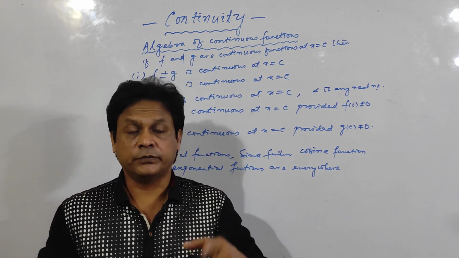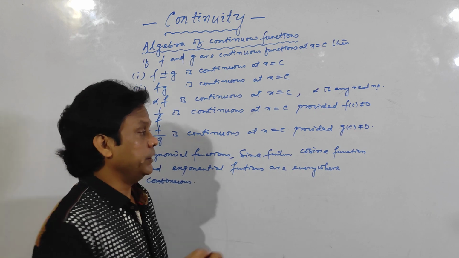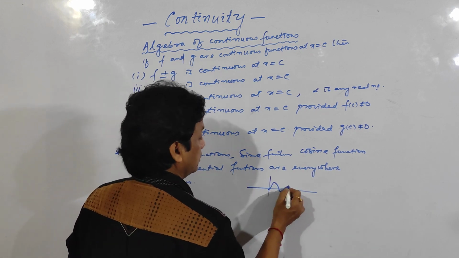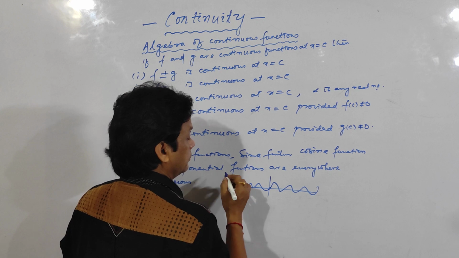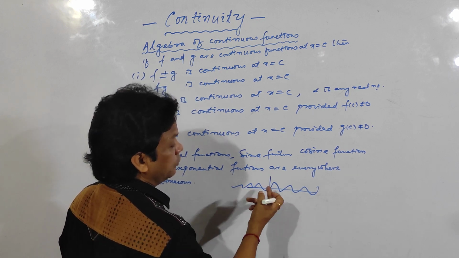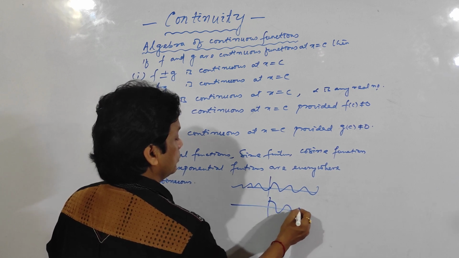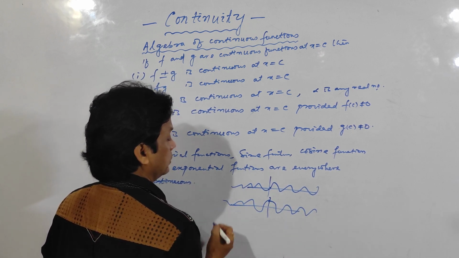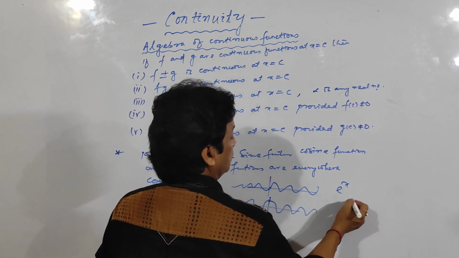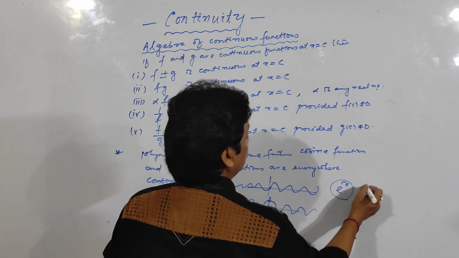There is no point of undefined in the case of sine, because the graph of sine is like this, and it is continuous. There is no point of discontinuity. The graph of cos x is also like this, which is also continuous on both sides. And e to the power x is also continuous, 2 to the power x is also continuous. There is no point of undefined.